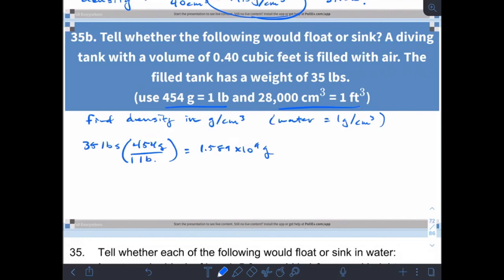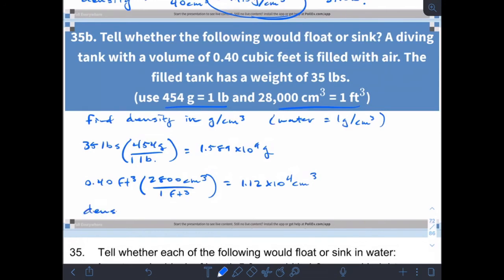Our volume, we have 0.4 cubic feet. Our conversion there, we're going to put cubic feet on the bottom. So our volume is 1.12 times 10 to the 4 cubic centimeters.